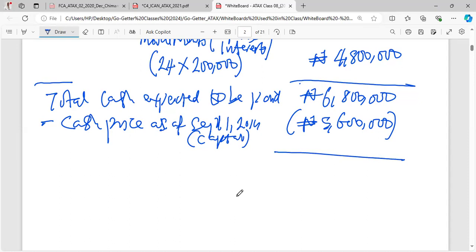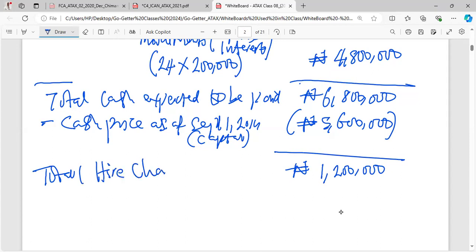So, if this is the total capital you are supposed to pay, and this is all the things that you are paying, both capital and interest, you find out that when you less this from that, you have 1,200,000. 1,200,000 is total hire charge.